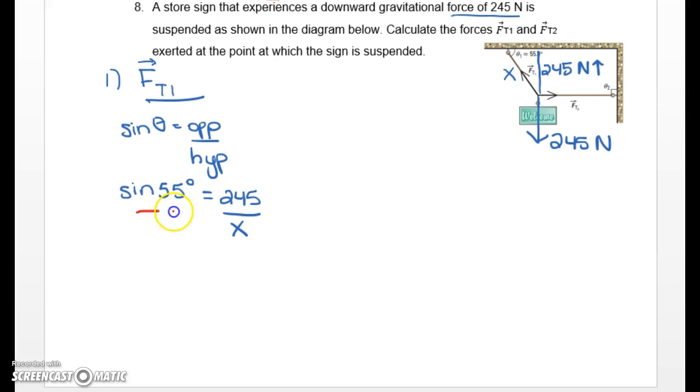I'm going to write sine of 55 over 1 so I can cross multiply to solve. So we have sine of 55 times x, or x times sine of 55, is equal to 1 times 245, which is 245. I want to get x by itself, so I'm going to get rid of this sine of 55, so I'm going to divide.